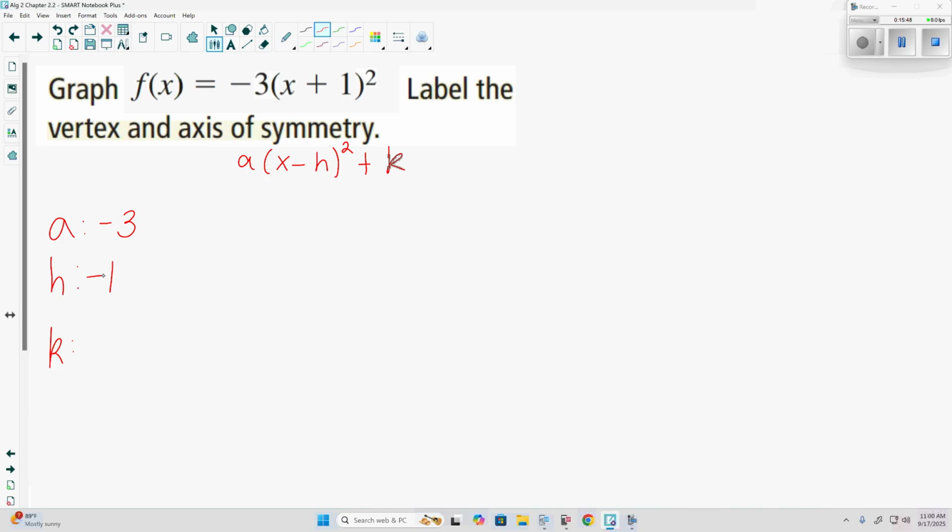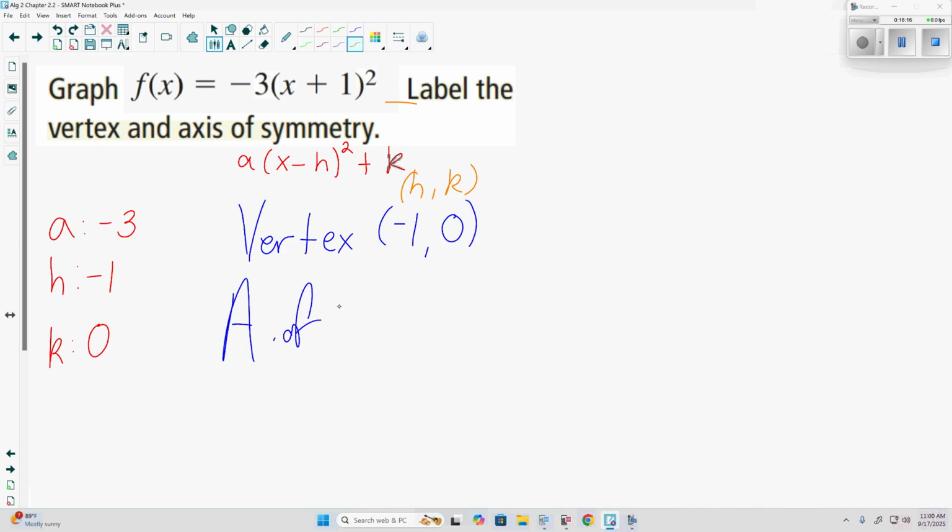And what's the value of k? 0. There is no value attached to k in its place up here. So the value is 0. Vertex. So vertex is h, k, so h would be negative 1 and k would be 0.